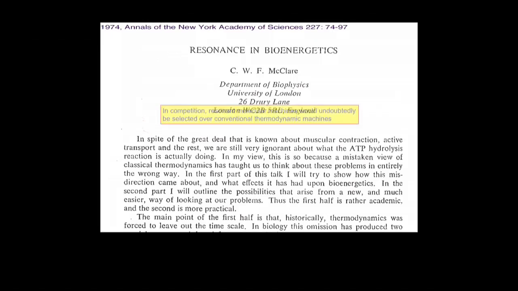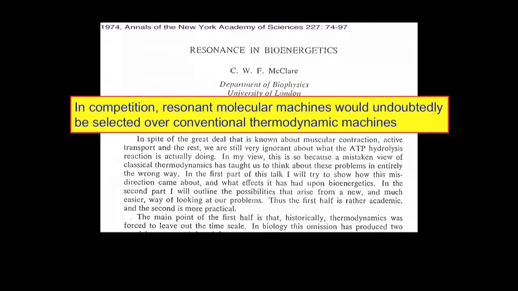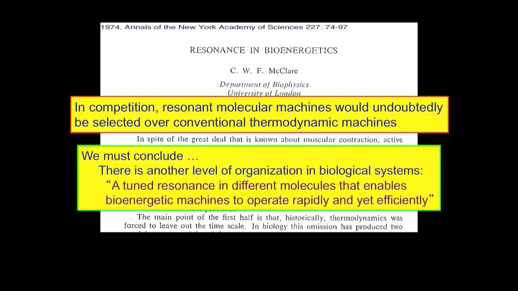He says, in competition, resonant molecular machines, vibration, would undoubtedly be selected over conventional thermodynamic machines. So the physicist said, given a chemical signal or an electromagnetic signal, forget the chemical signal, go with the electromagnetic. He's left to conclude, and this is important, we must conclude there's another level of organization in biological systems, a tuned resonance in different molecules that enable bioenergetic machines to operate rapidly yet efficiently.